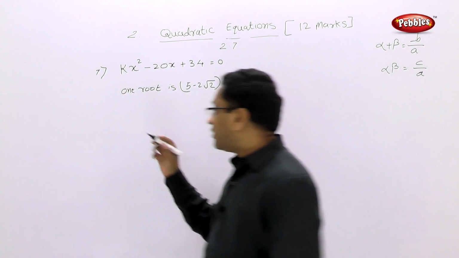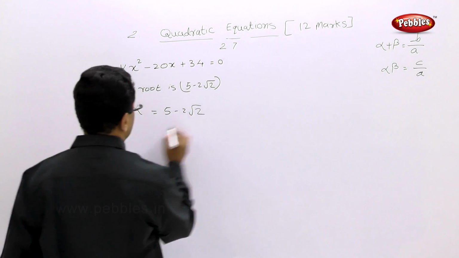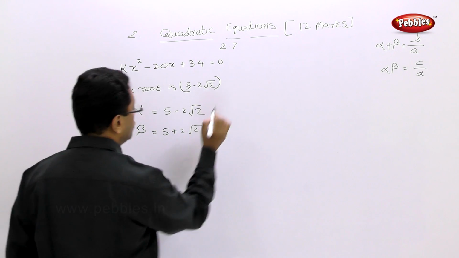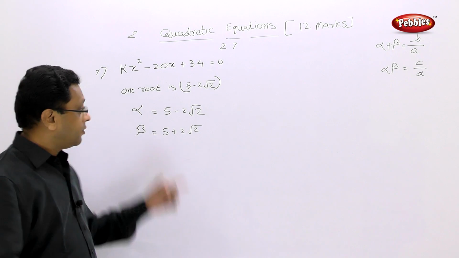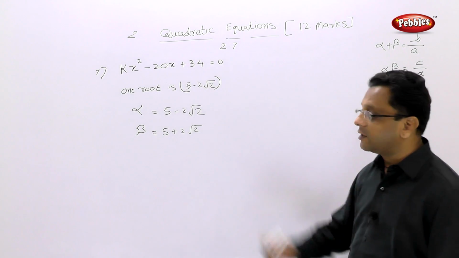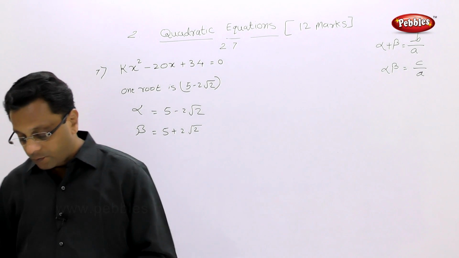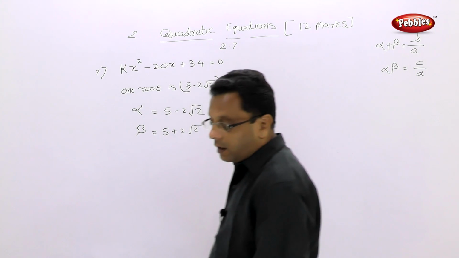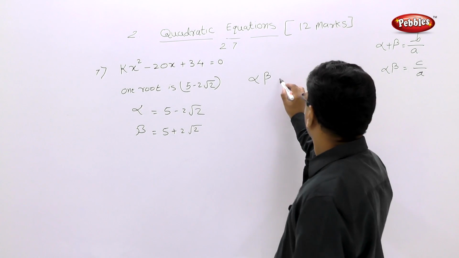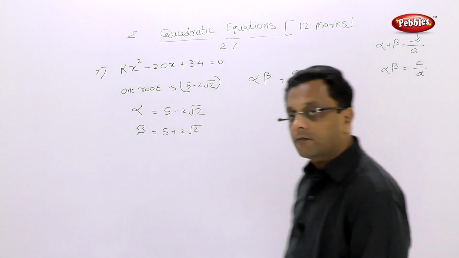That is, if alpha is 5 minus 2 root 2, then beta must be 5 plus 2 root 2. We have solved such an example before. This is exactly a similar example, and you can make use of these conjugates. So if you take alpha beta is equal to c upon a, what you will get?